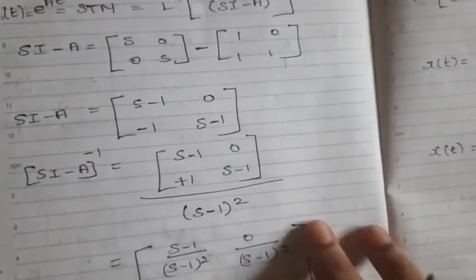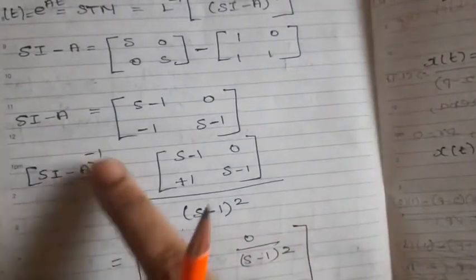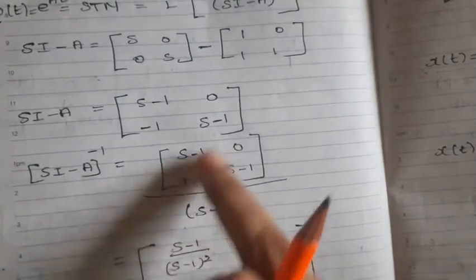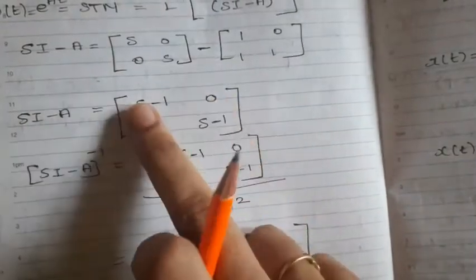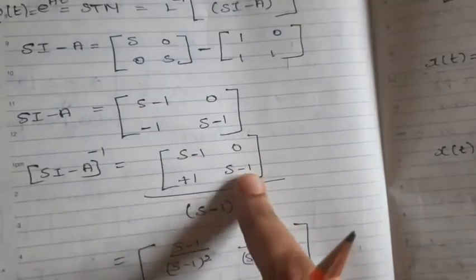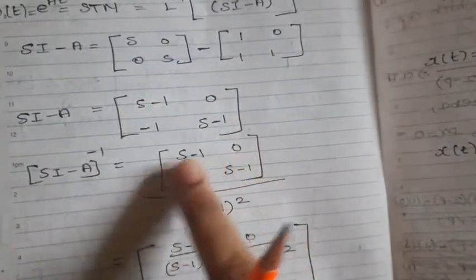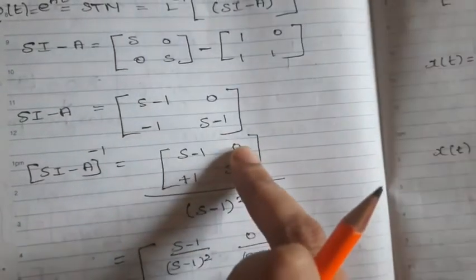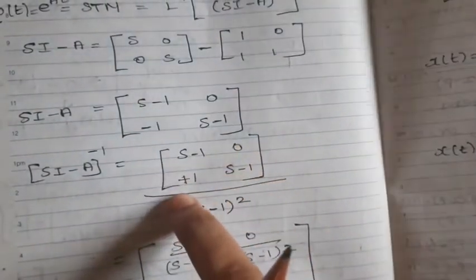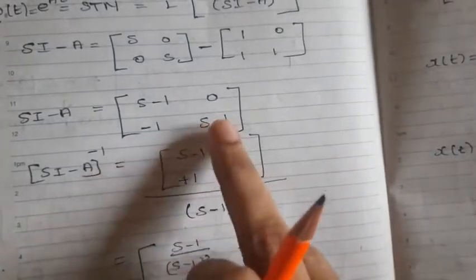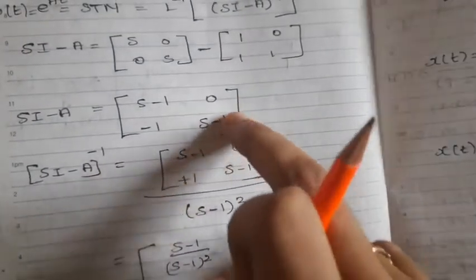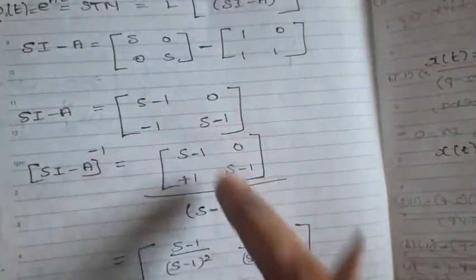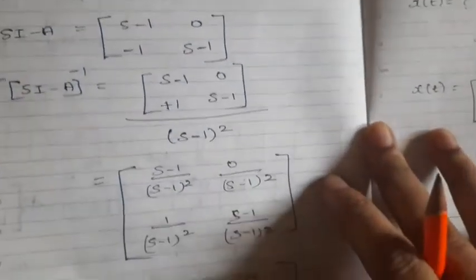Then find out the whole inverse of sI minus A. We know it is the adjoint of A divided by the determinant. The adjoint is just the transpose, and we change the sign only here, so minus 1 becomes plus 1. Divided by the determinant, which is s minus 1 the whole squared, since the other term is 0.